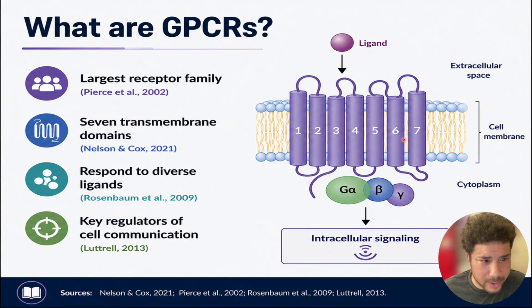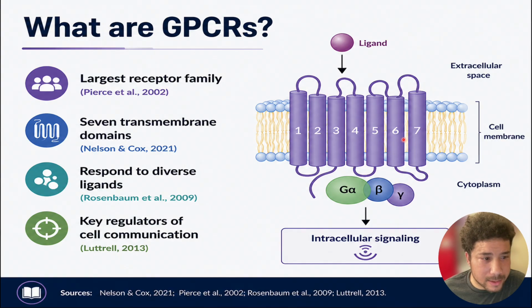The extracellular-facing region interacts with ligands. A ligand is any molecule or stimulus that binds specifically to a receptor and influences its activity. GPCR ligands are remarkably diverse. They include small molecules such as epinephrine and dopamine, larger proteins like hormones, and lipids.